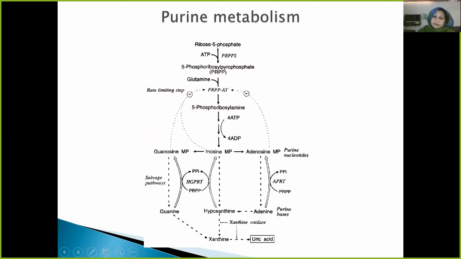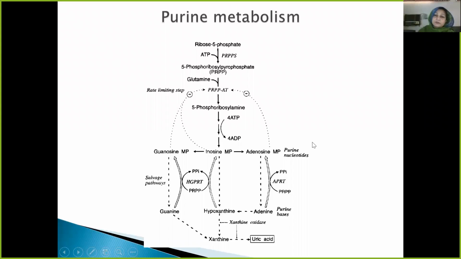These purine bases are again converted into purine nucleotides through the HGPRT enzyme, hypoxanthine guanine phosphoribosyl transferase, and this salvage pathway is responsible for converting these purines back into RNA and DNA. This is a brief account of the purine metabolic pathway.